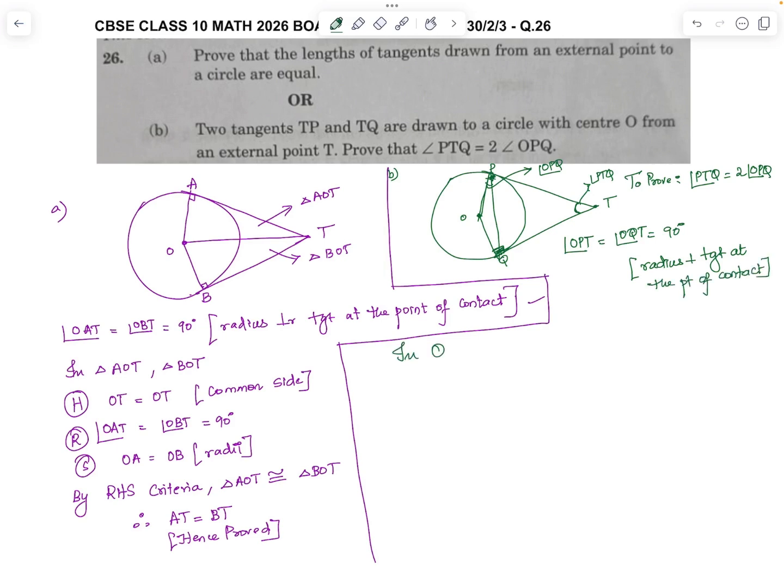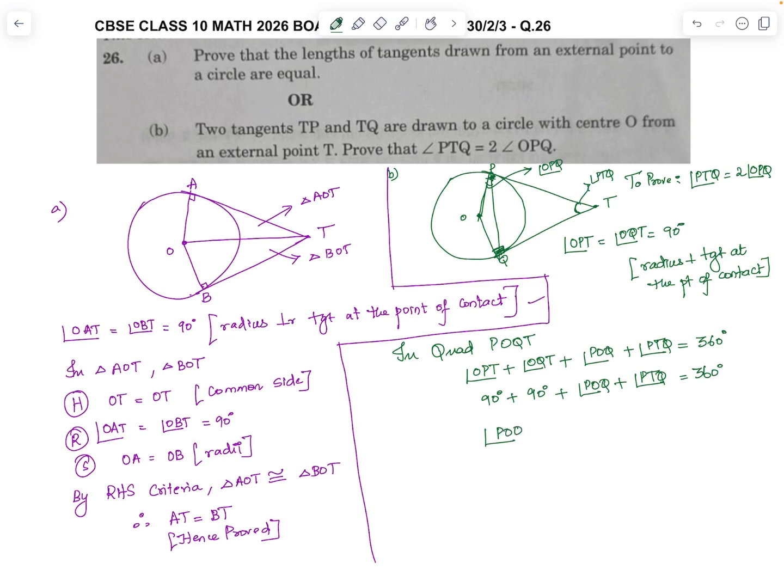In quadrilateral POQT, angle OPT plus angle OQT plus angle POQ plus angle PTQ is 360 degrees. OPT is 90 and OQT is also 90. So angle POQ plus angle PTQ is 360 minus 180.